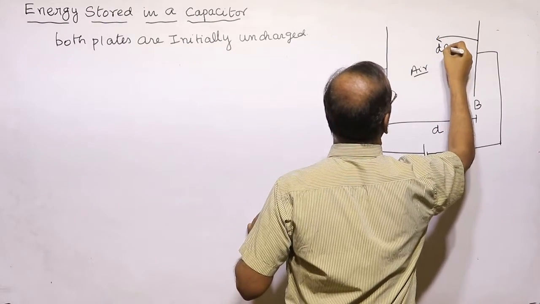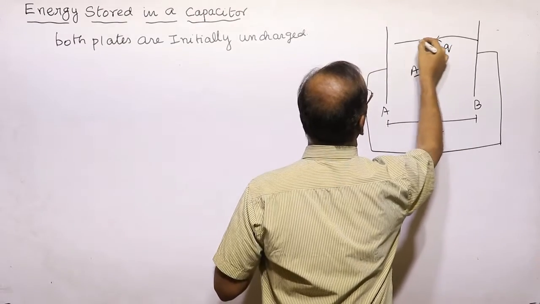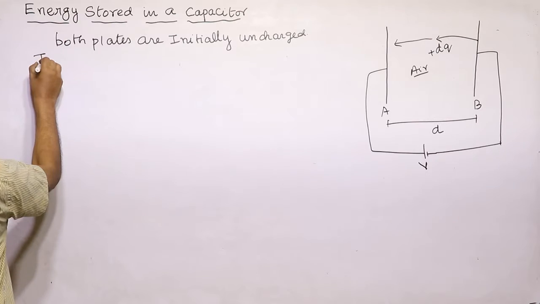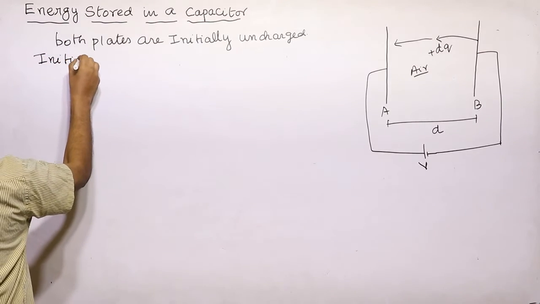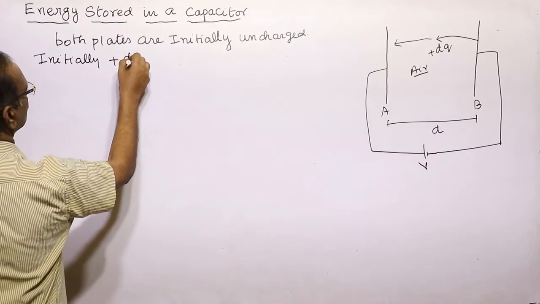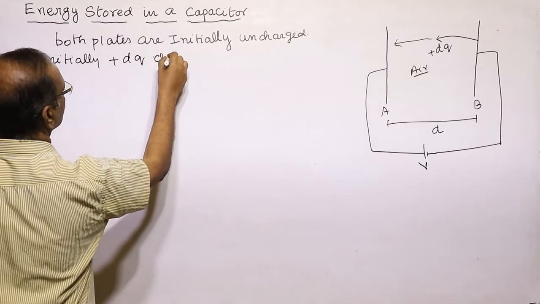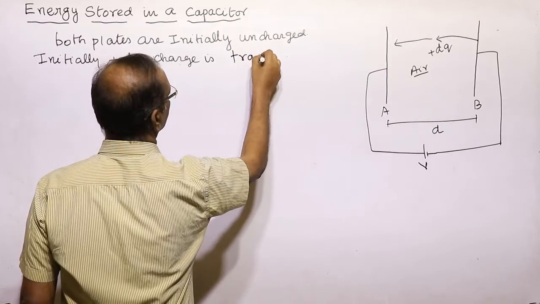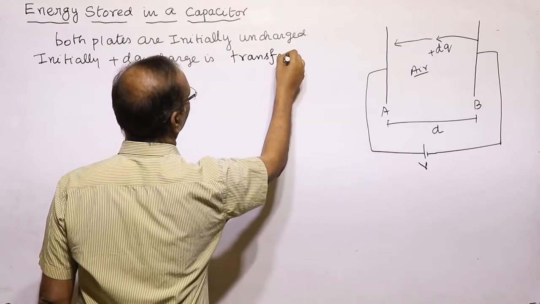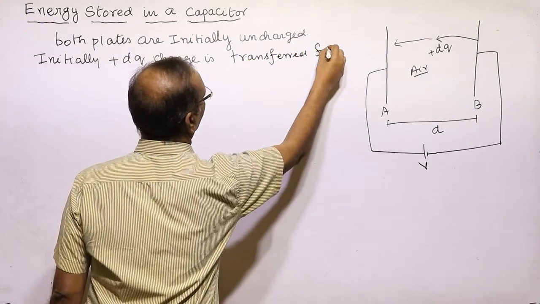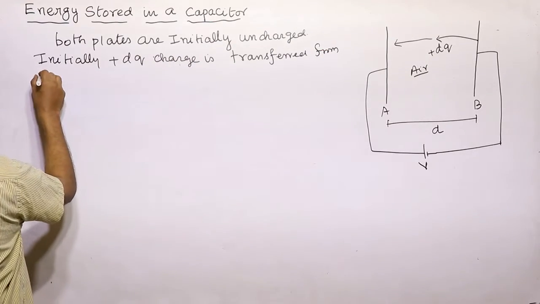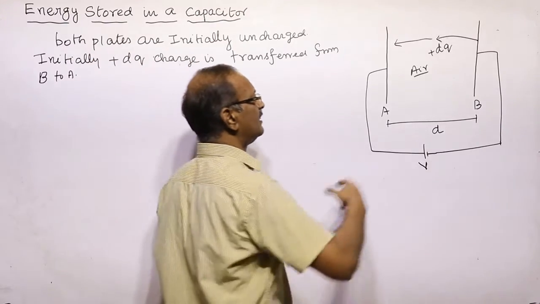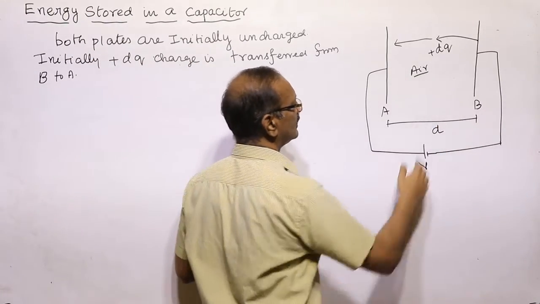Initially, suppose a charge plus dq is transferred from plate B to plate A. If it has to be transferred from here to here, work has to be done.